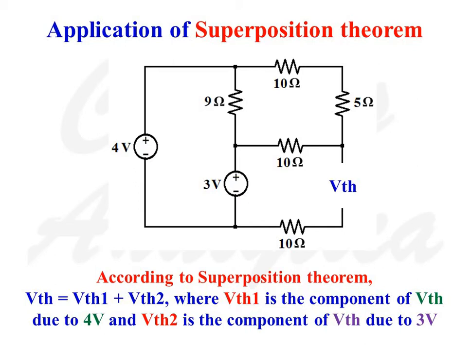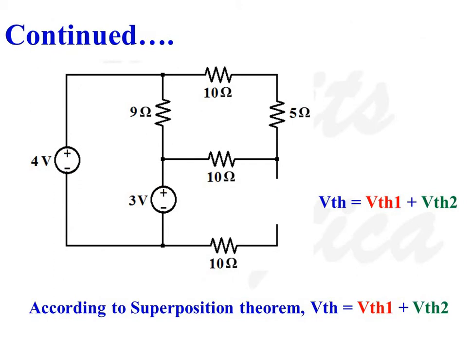According to superposition theorem, VTH is equal to VTH1 plus VTH2, where VTH1 is the component of VTH due to 4 volt when 3 volt source is replaced with its internal resistance, and VTH2 is the component of VTH due to 3 volt source when 4 volt is replaced with its internal resistance.